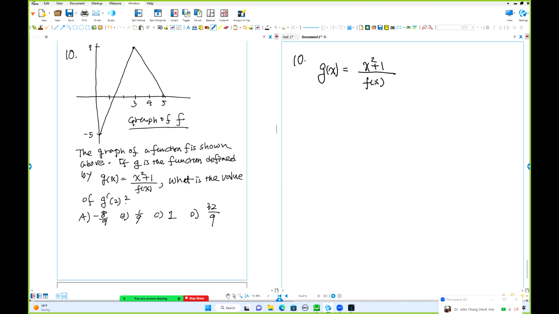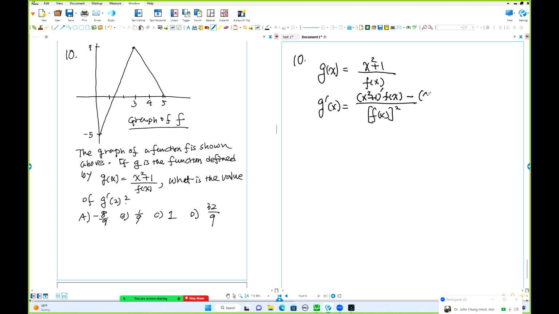So we need to find g prime of x. This is a fraction, so we have to use the quotient rule. It's the derivative of the numerator times the denominator: x squared plus 1, take the derivative, times f of x.